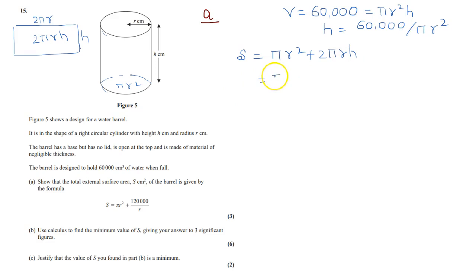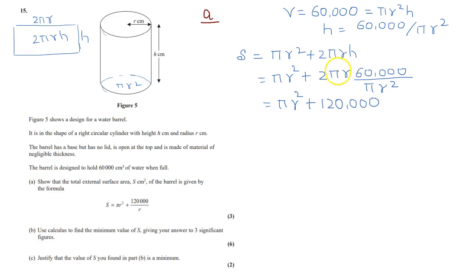So it is pi r square plus 2 pi r h, which is 60,000 over pi r square. So this is pi r square plus 60,000 multiplied by 2, which is 120,000. Pi and pi cancel, r power 1 over power 2, so this is divided by r. So that is what we are supposed to prove.